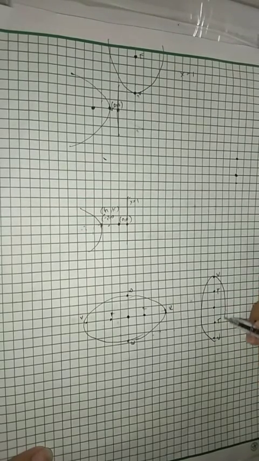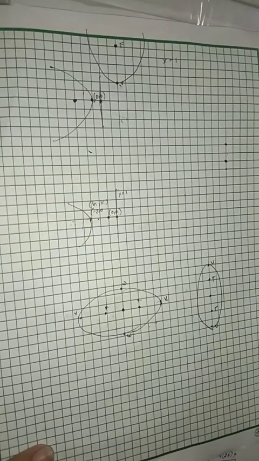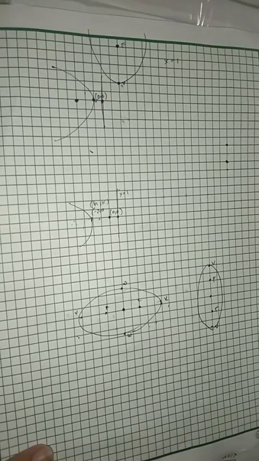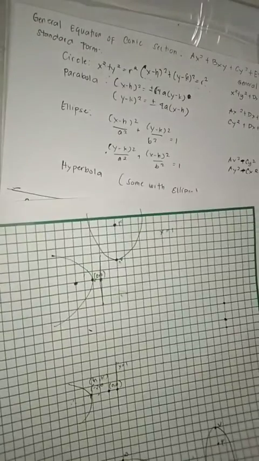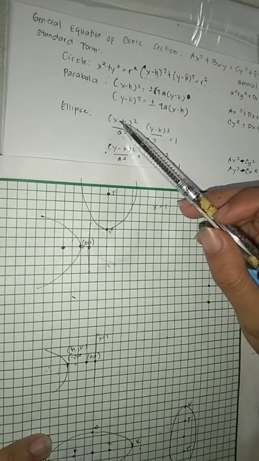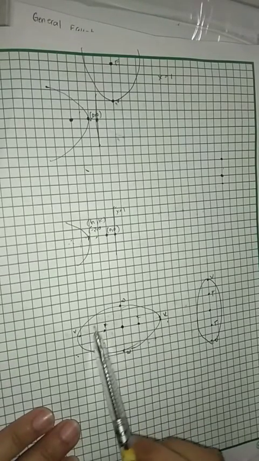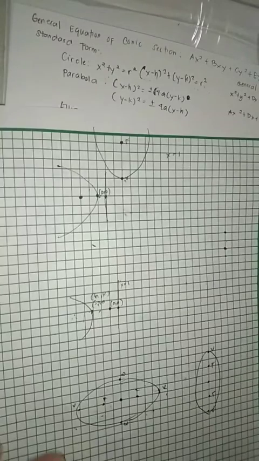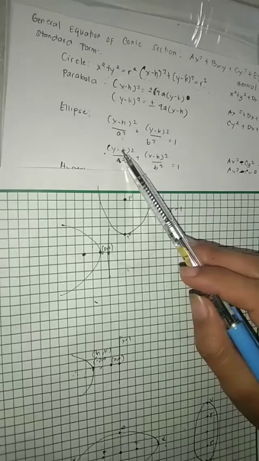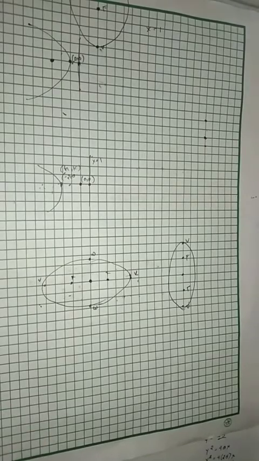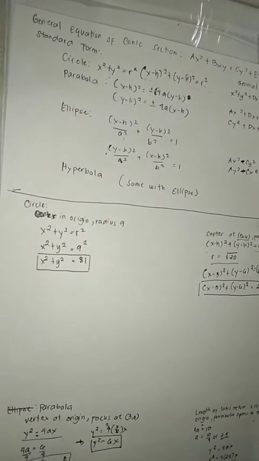That is what our ellipse looks like. It can be horizontal or vertical. What I always remember is if our a is under x, then the ellipse is horizontal. It's the easiest way to remember things. If our a is under y, then our ellipse is vertical, on the y-axis. Okay, proceed.